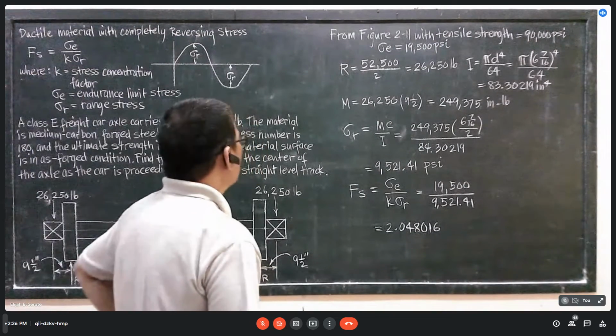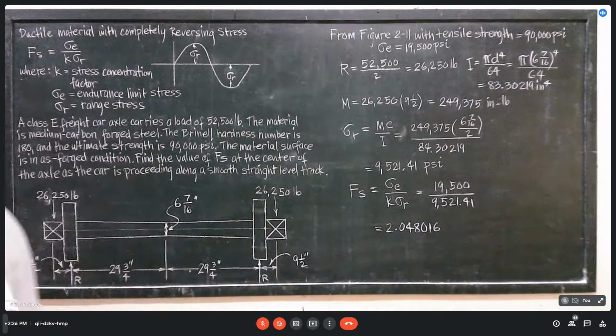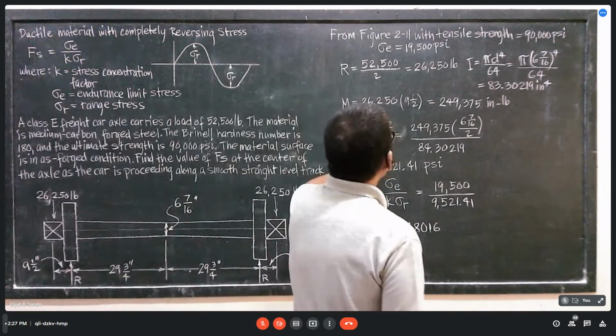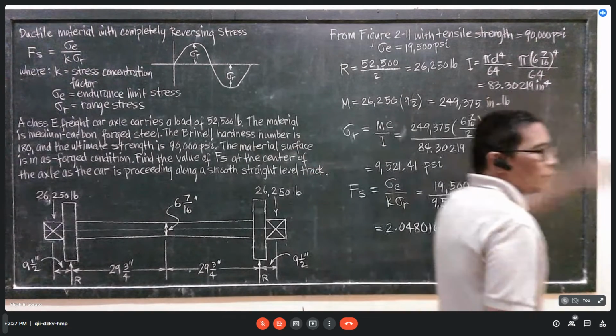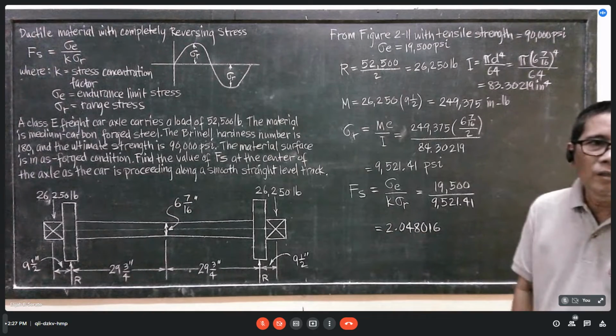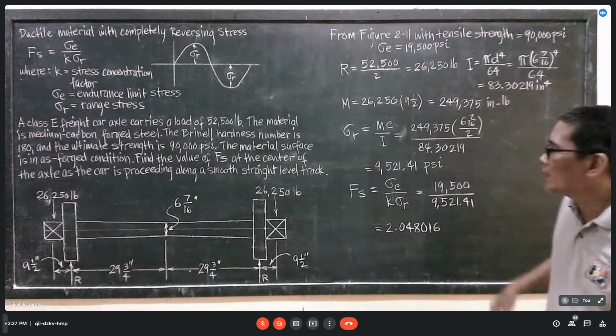So what we need now, what's the formula to compute the flexure or the bending stress? MC over I. Okay. I is of course the area moment of inertia of the cross-section, which is circular.